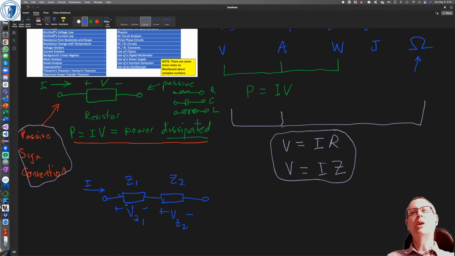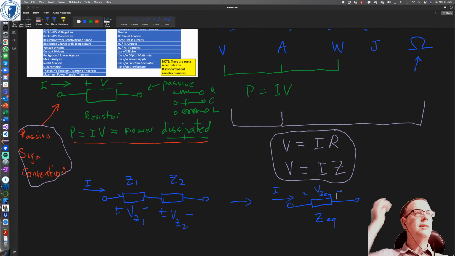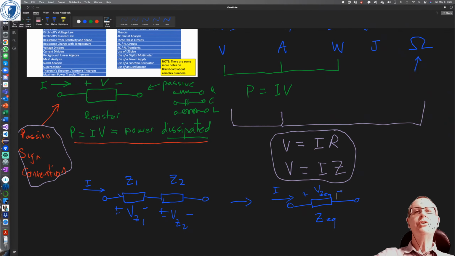So the current is flowing in through the positive side. And what we want to do is we want to turn that into a single equivalent impedance, with a known voltage and obviously the same current.